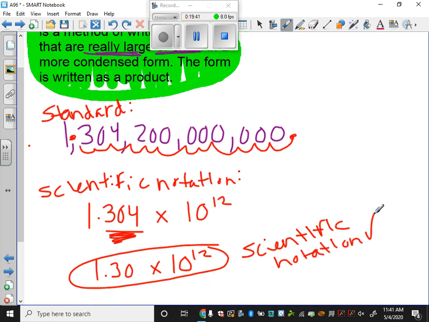Now, as a math teacher who's worked with scientific notation many times, when I look at that number, I'm like, dang, that's a big number. Holy crap, that's got a lot of place values. 12? Oh my gosh. So that tells me it's a really large number, but I didn't have to write it in such a large way. So it's kind of more useful. Now I realize if I were to re-expand this, I'm not going to get the exact same number I got before.